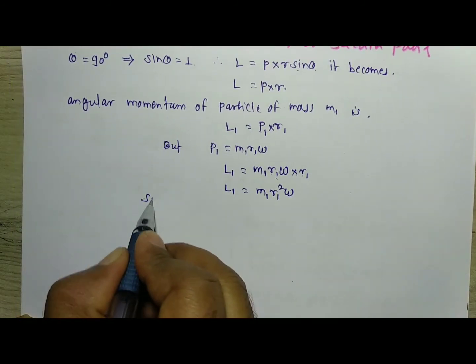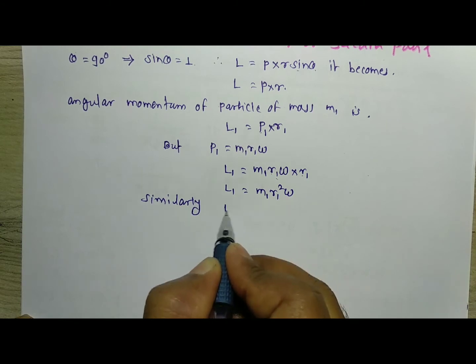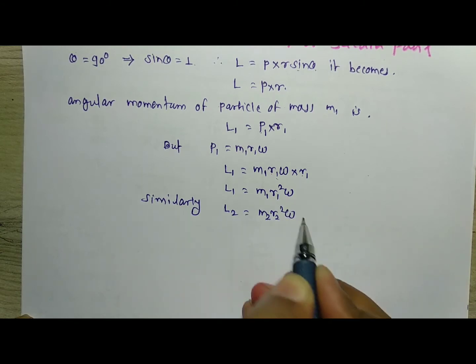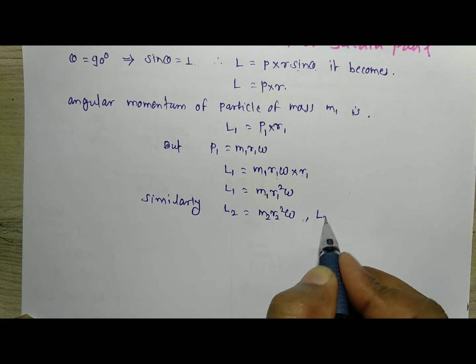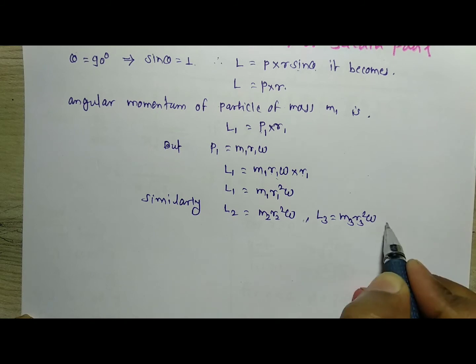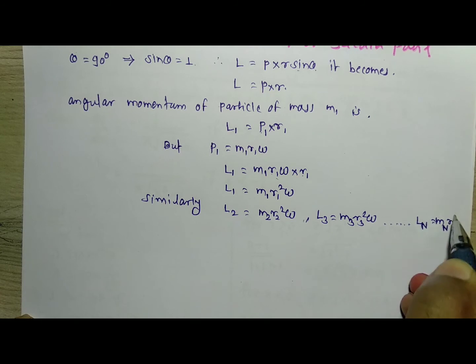Similarly, L2 is equal to M2 R2 square omega, L3 is equal to M3 R3 square omega, and so on up to Ln is equal to Mn Rn square omega.